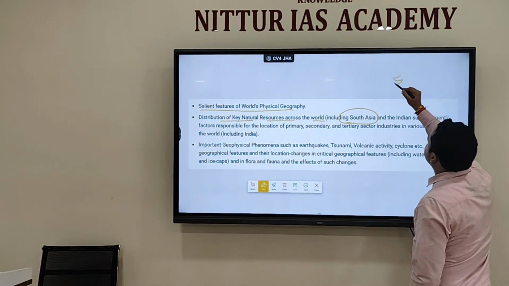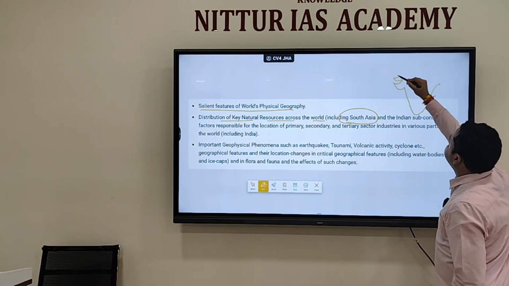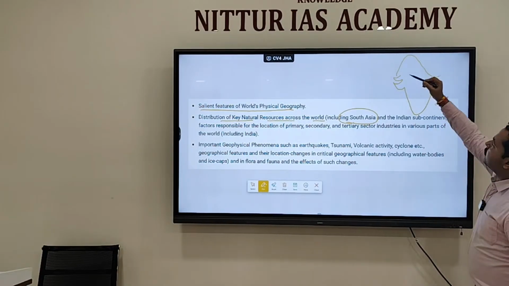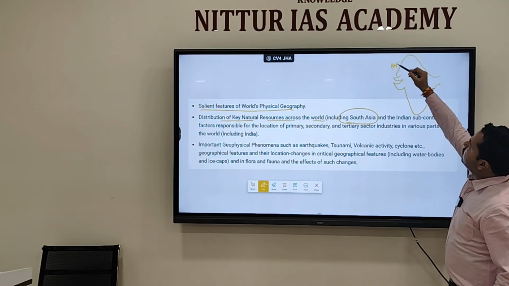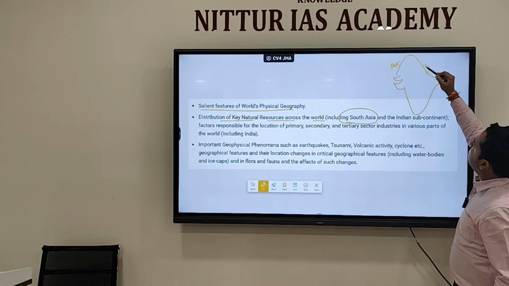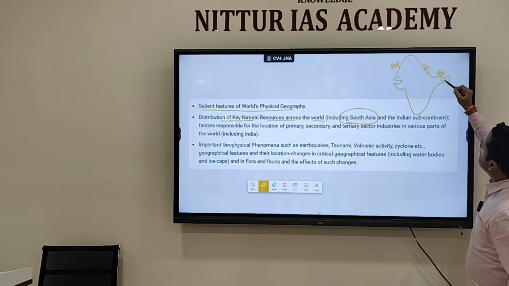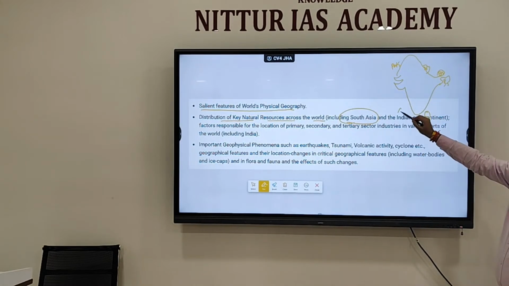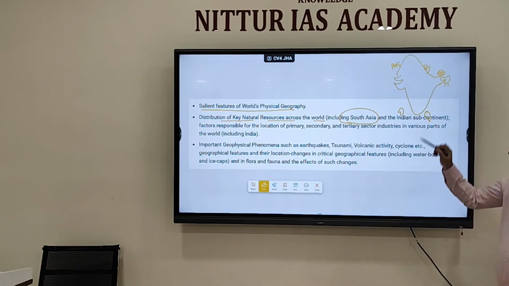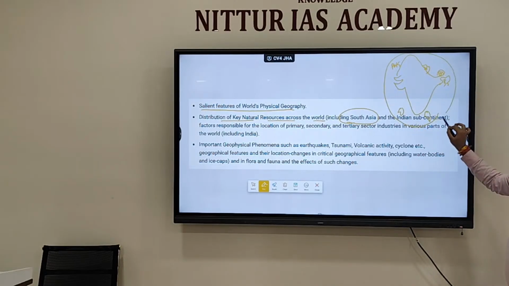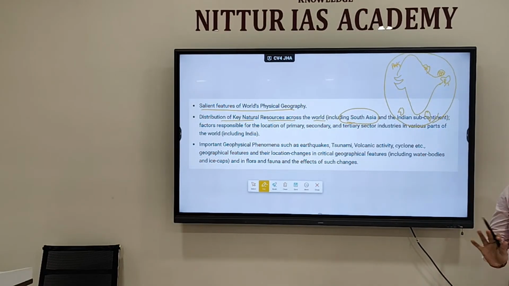When we are talking about South Asia, we are talking about Pakistan, Nepal, Bhutan, Bangladesh, Sri Lanka, Maldives. Clear? These countries come under South Asia.